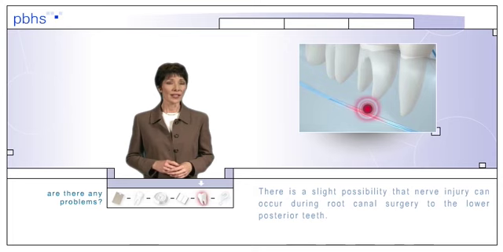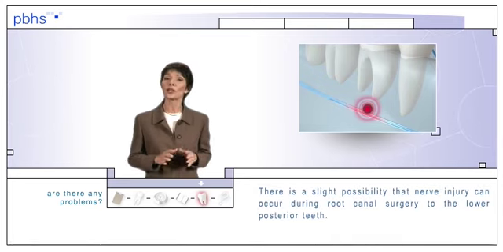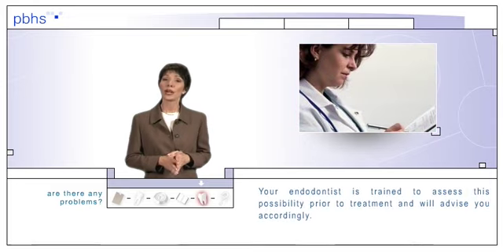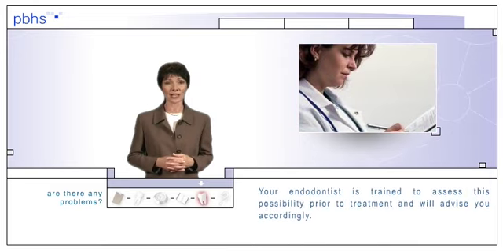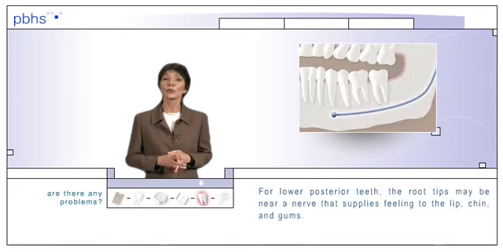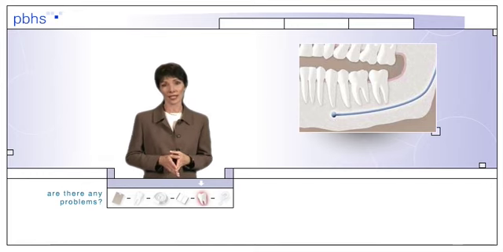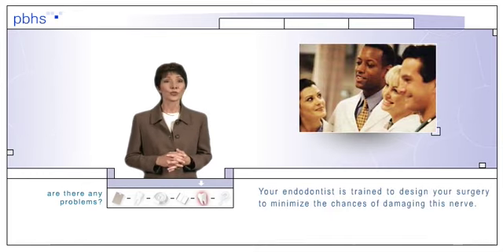There is a slight possibility that nerve injury can occur during root canal surgery to the lower posterior teeth. Your endodontist is trained to assess this possibility prior to treatment and will advise you accordingly. For lower posterior teeth, the root tips may be near a nerve that supplies feeling to the lip, chin, and gums. Your endodontist is trained to design your surgery to minimize the chances of damaging this nerve.